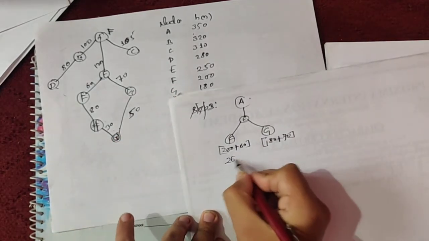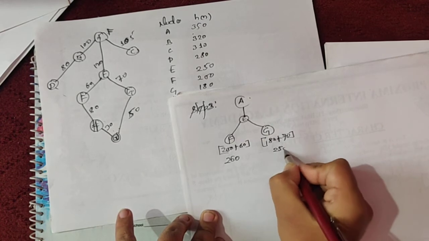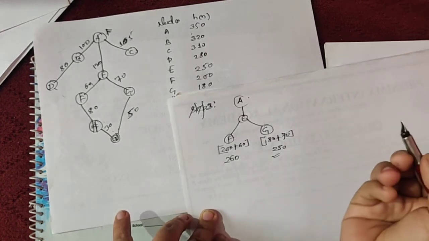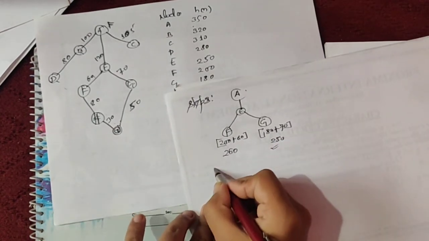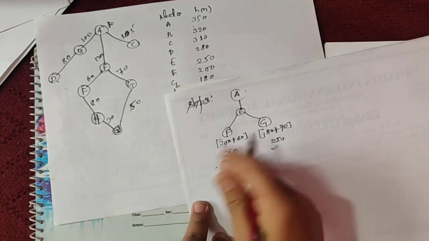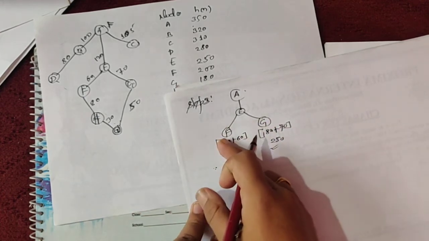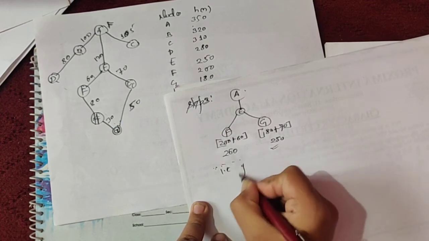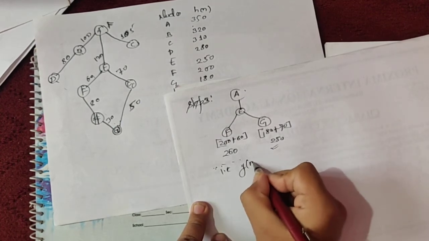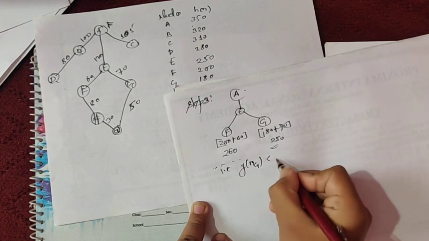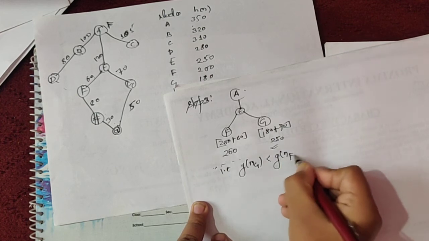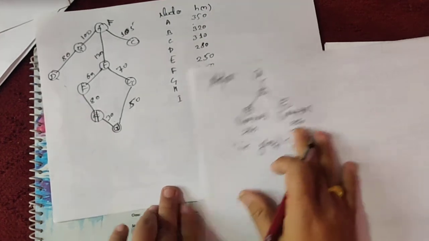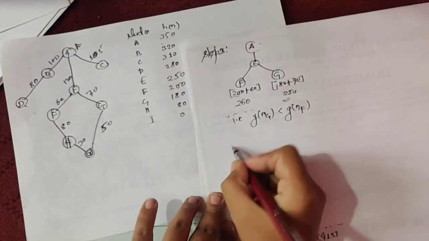So it is 260 and 250. Again the smaller one is G. Since Gn of G is less than Gn of F, we choose G. So again we explore G.